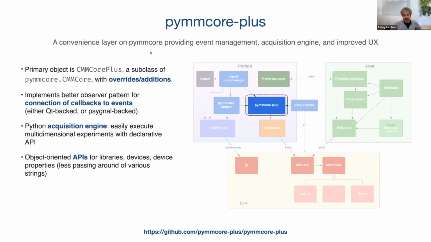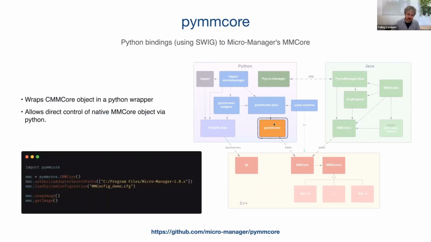So Core Plus was essentially a convenience layer on top of Core that is where I decided to start putting improvements, essentially. Basically Core itself is a thin wrapper. It probably should remain a thin wrapper.